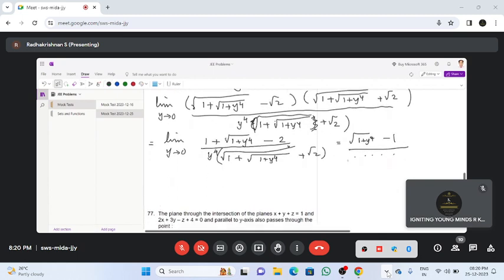What I want to do is again do the same thing, multiply by its conjugate, so the denominator gets multiplied by this. The numerator becomes 1 plus y power 4 minus 1, divided by y power 4 into the expression. Now this y power 4 will get cancelled and this equation becomes easier to manage.